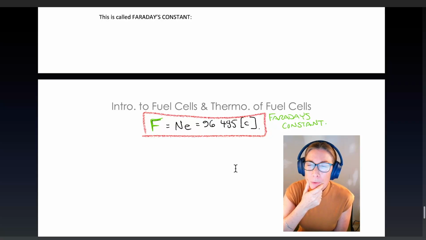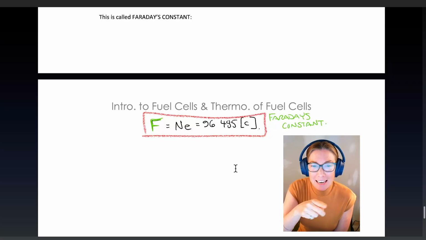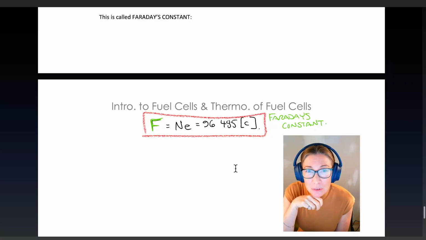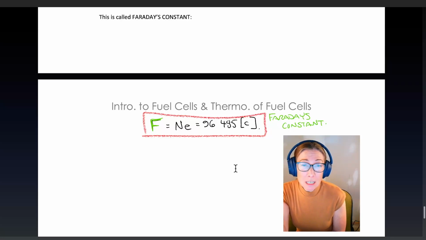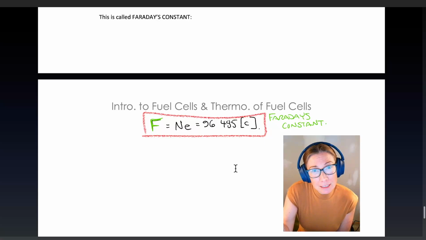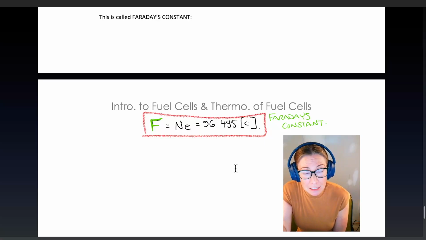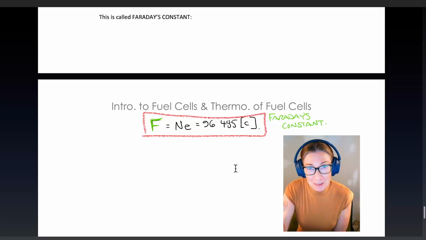We put them through a parallel path or through a spatially separated path that is joined with copper, which is a wire. And look how much charge I'm sticking through that wire. Let's calculate how much hydrogen we consumed. Then we can calculate how much electricity we produced. And that's where we're going with the next video.